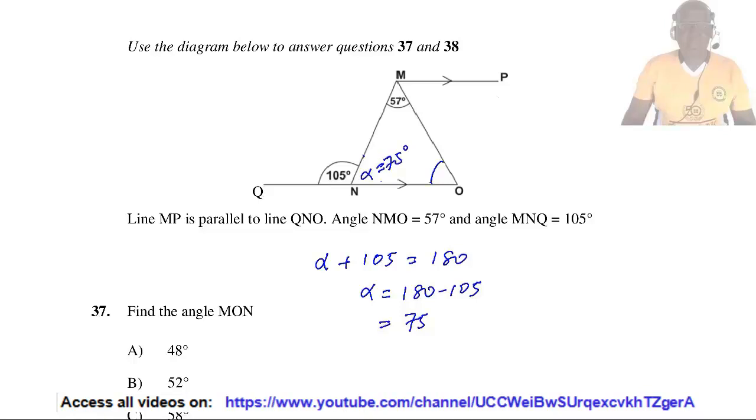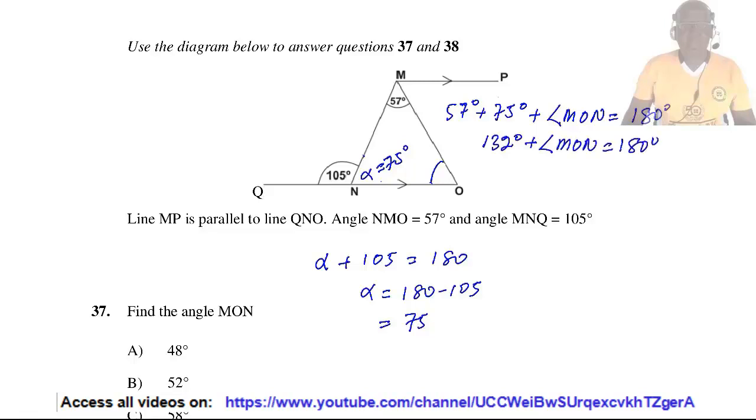Now we know that the sum of angles in the triangle should add up to 180 degrees. Therefore, 57 degrees plus 75 degrees plus angle MON should be equal to 180 degrees. This is 132 degrees plus angle MON equals 180 degrees. Therefore, angle MON equals 180 minus 132 degrees.